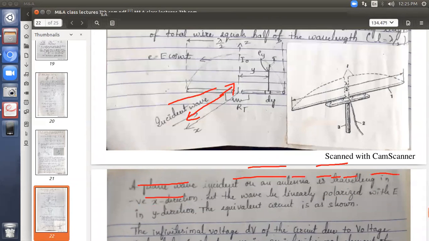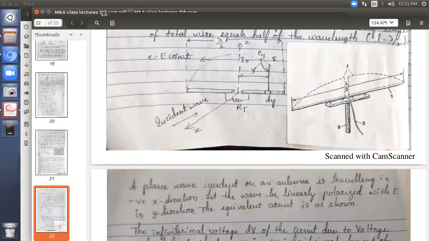So if you see, the field distribution will be in the y direction. That is E; E is in the y direction, and the equivalent circuit is as shown.